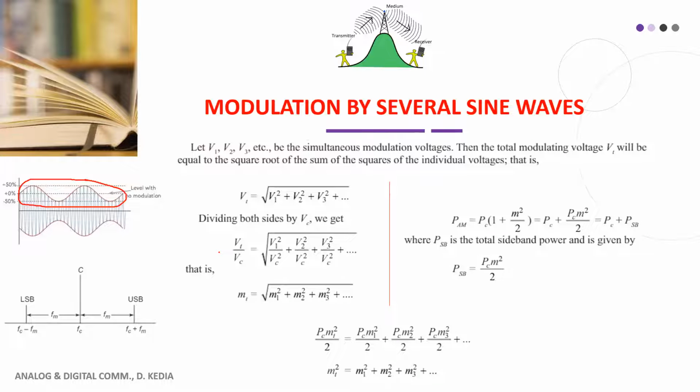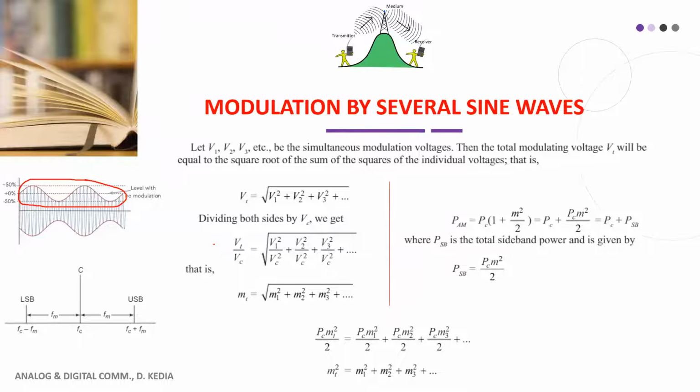Okay. Then in case of a random signal, or a signal that is not simply mathematically definable, how will I be able to know the modulation index of my AM signal?